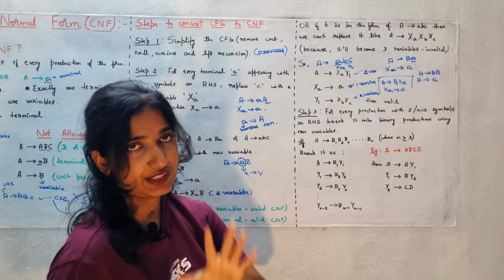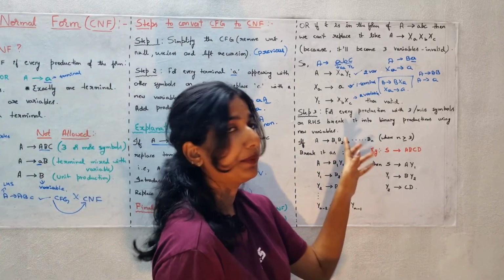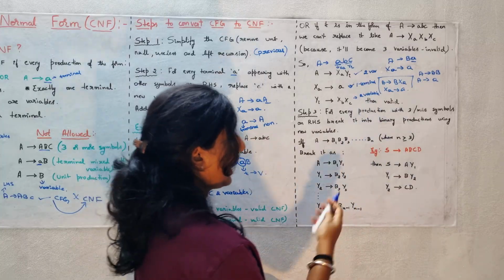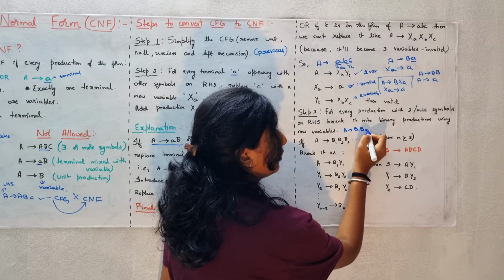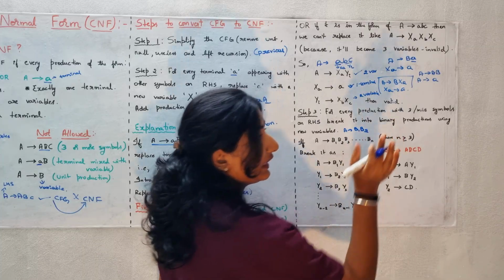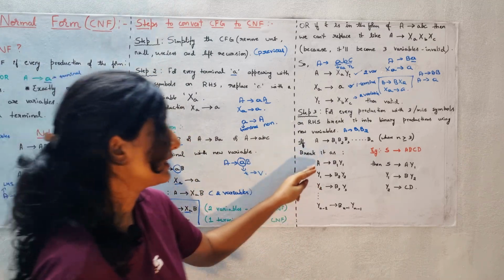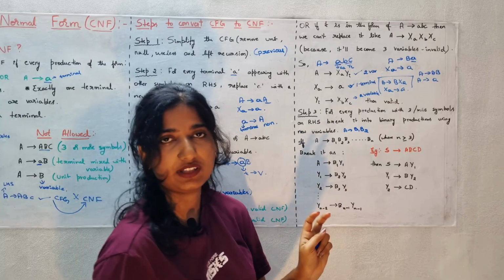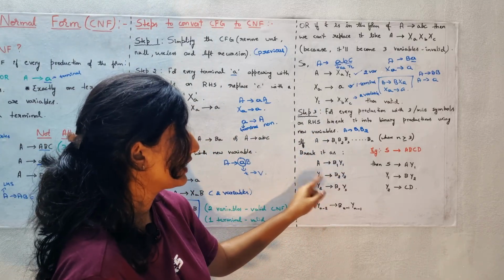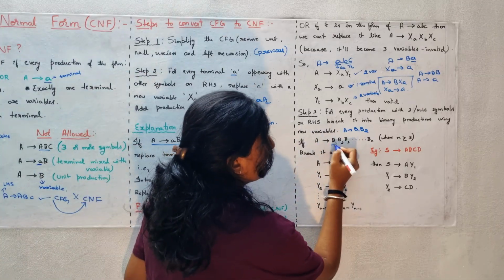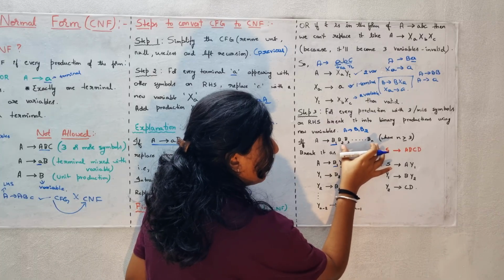Which means if it is of the form A derives B1, B2, B3 so on up to Bn, we should only have A derives B1, B2, but here we have so on up to Bn, which means n greater than or equal to 3.